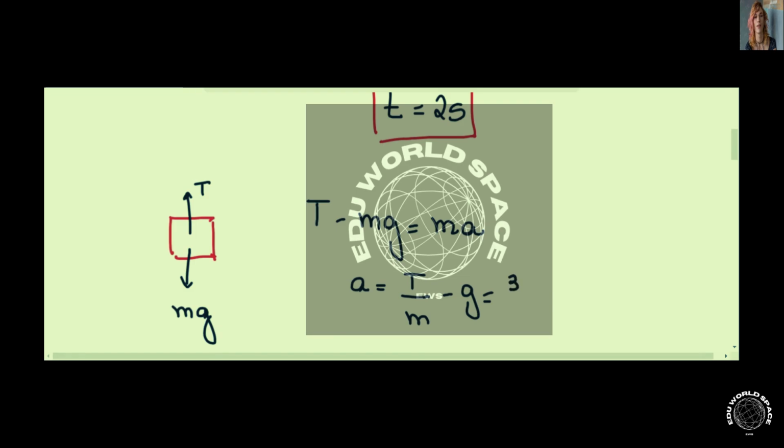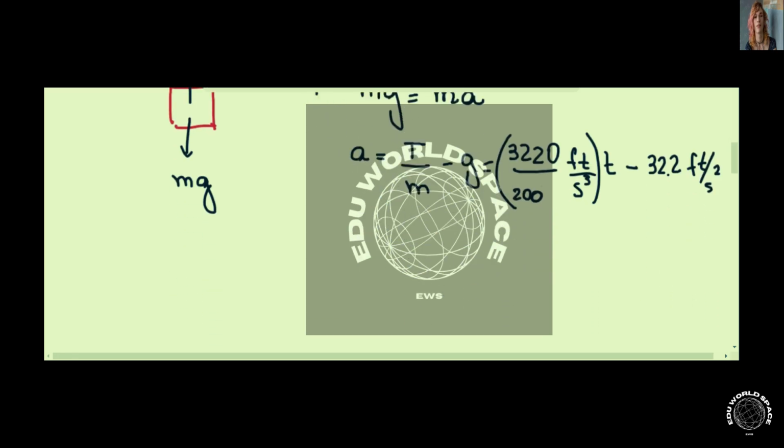Now T, as I said, is 3,220 times the time t, and m is, I'm sorry again, I wrote the mass as 100 pounds when it's actually 200 pounds.